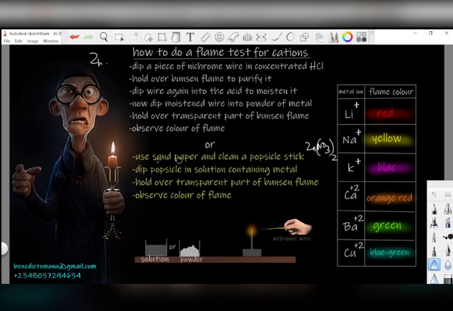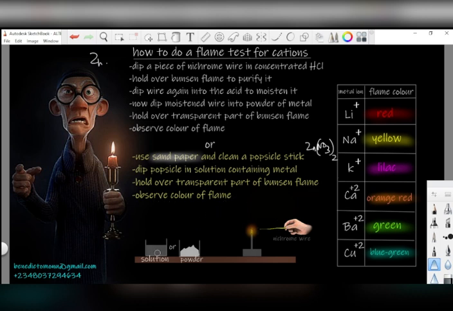And the popsicle stick, you first of all use a sandpaper to clean it. It's very important. When you're cleaning metals or cleaning solids in the laboratory, we use a sandpaper to purify them too. Now you dip the clean popsicle stick in the solution containing the metal like zinc nitrate aqueous solution, and then just hold it over the transparent part of the flame, and then you observe the color of the flame.